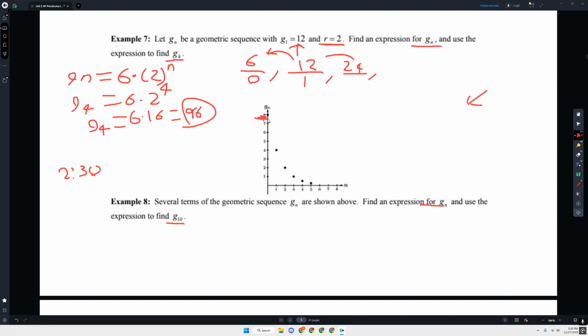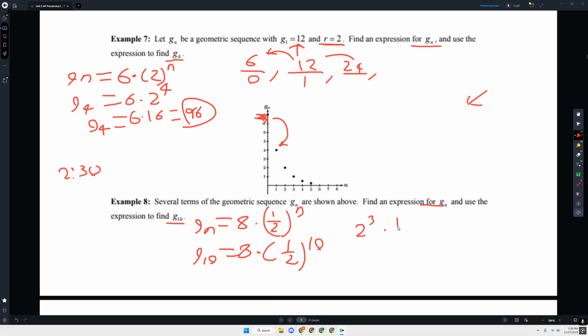So for this one, we have our starting term, which is 8. So that means it's going to be 8 times, and if we go to our next term, we're going to 4. So that means we're multiplying by 1/2 to the n is equal to g of n. And then from there, we're saying n is equal to 10. So it's going to be g of 10 is equal to 8 times 1/2 to the 10th. If we simplify that, that would be 2 to the 3rd times 1 over 2 to the 10th.